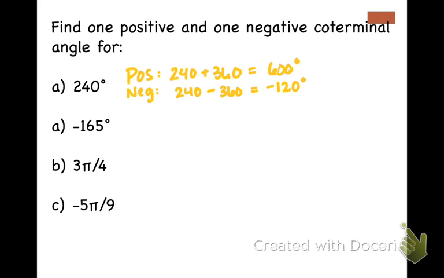For the second one, which should actually be a B, not an A, my apologies, it says negative 165. So to get my positive, I still want to add, because that hasn't done a full revolution yet. If I was giving you something like negative 405, if I added 360, that would still give me a negative coterminal, which is fine. To get it positive, I would have to add a second 360. This one, it's fine. I just have to add the one. To get my positive, again, just like above, we're going to add a full revolution. So I do negative 165 plus 360.